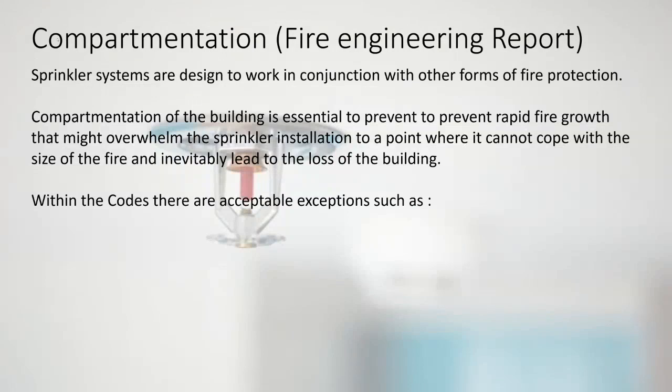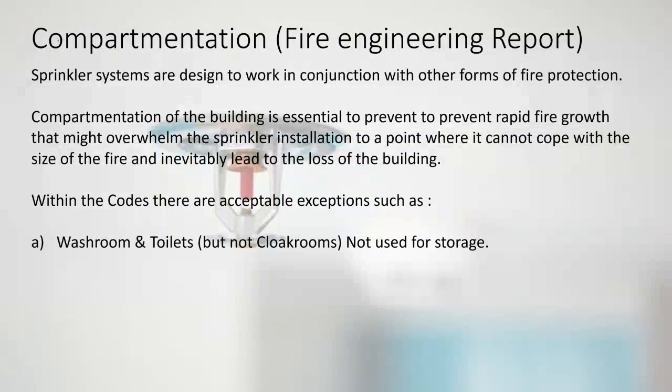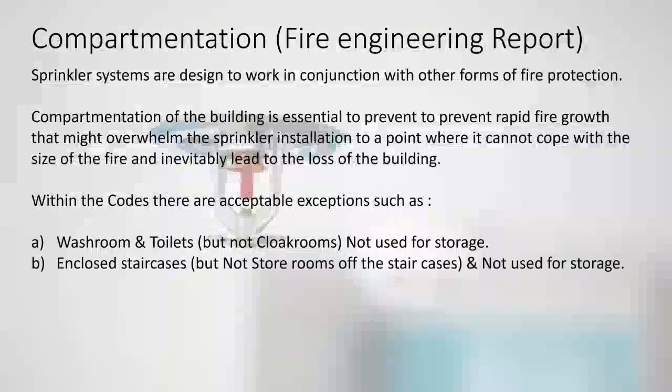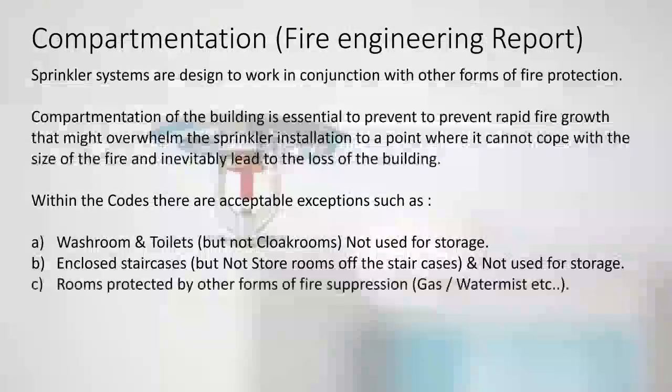Within BS EN 12845, there are exceptions, such as you don't need to protect washrooms or toilets. However, cloakrooms you need to protect. They must not be used for storage. Closed stairways, but not storerooms off the staircases and not used for storage.